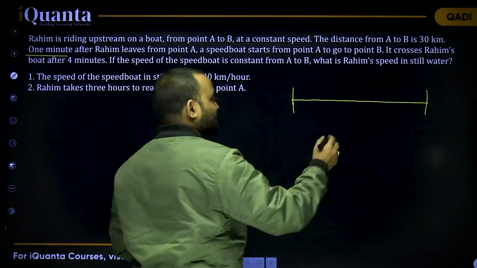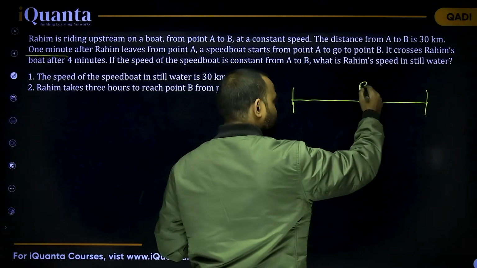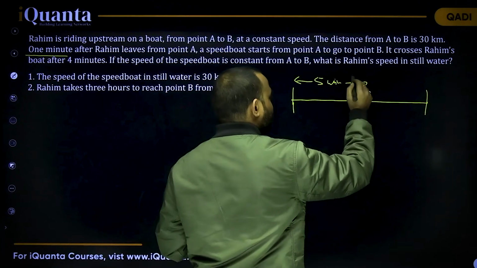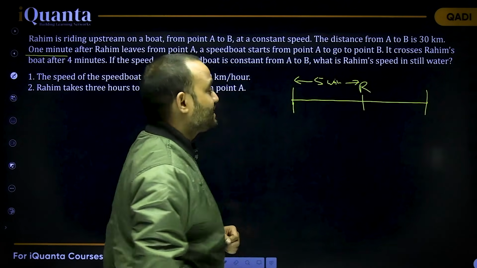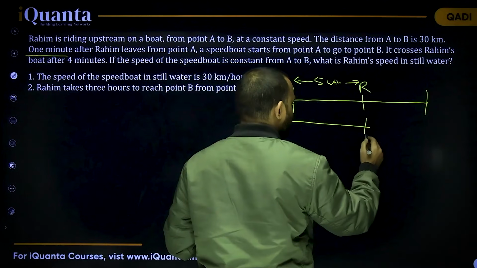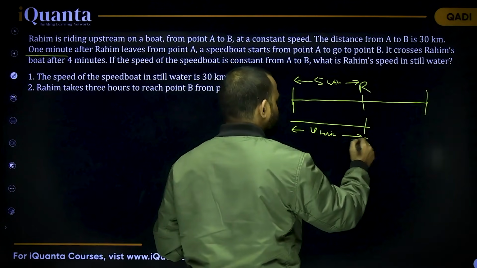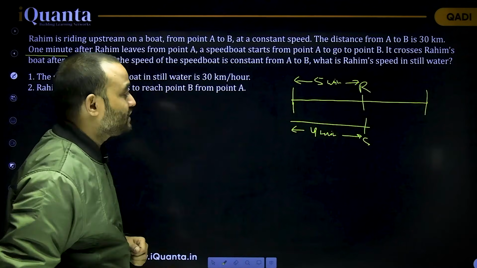Let's say Rahim is somewhere here. So 1 plus 4, Rahim took a total of 5 minutes to get to this point, and the speedboat was able to cover this distance in 4 minutes, right? If you compare their speeds, what will happen?